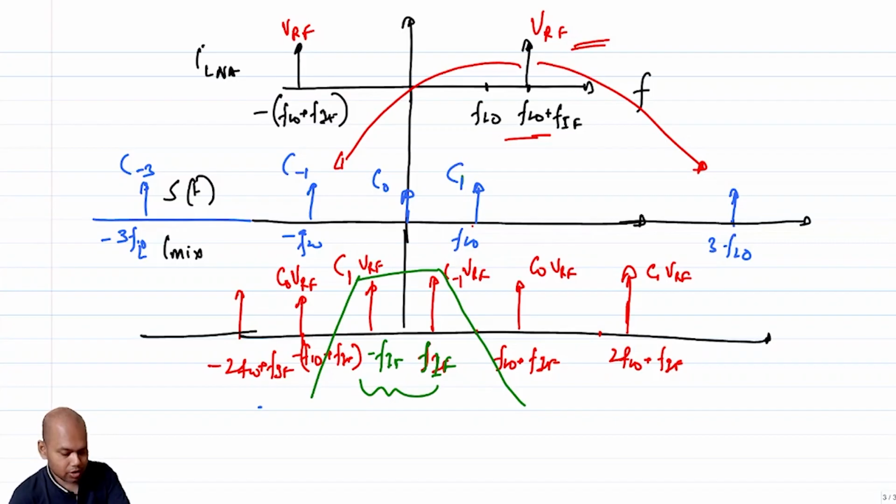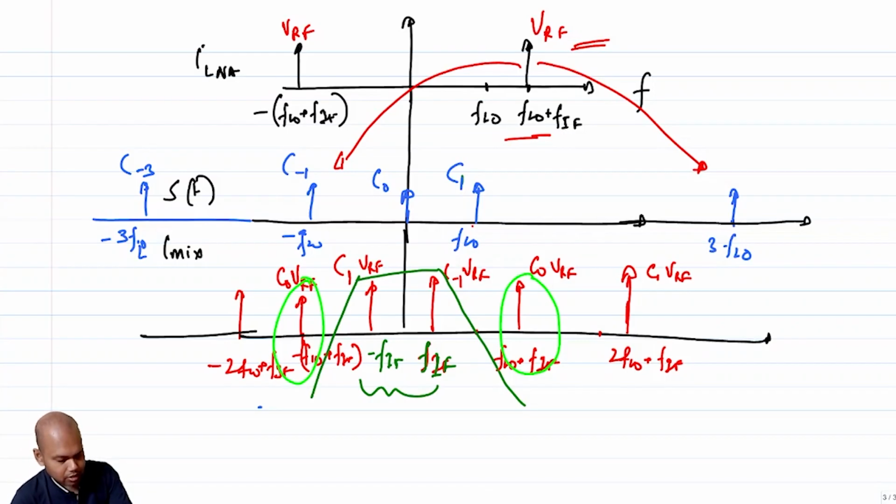Okay, so now what problem do you see? What is the nearest tone that determines the steepness of the filter? Clearly, the tones at FLO plus FIF and the tones at minus FLO minus FIF are closest to the desired band, and they also need to be filtered out.